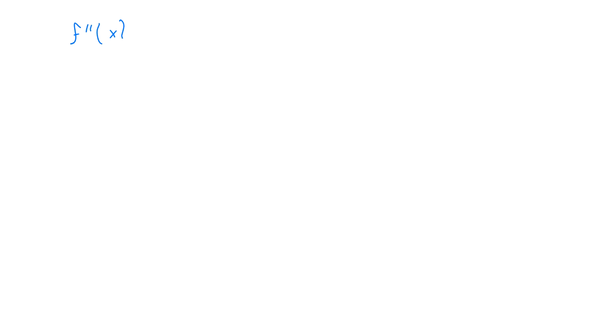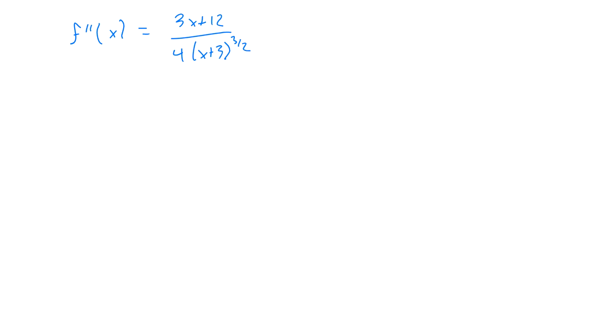So what we found for f double prime is equal to (3x + 12) over 4 times (x + 3)^(3/2) power. So the possible points of inflection are going to be any places where the second derivative is either 0 or undefined.